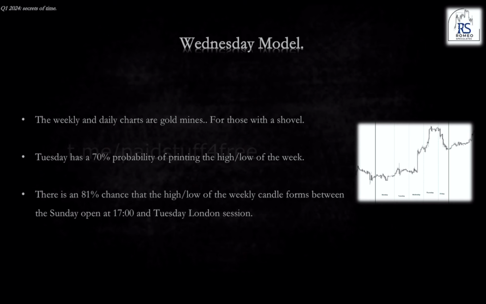This is a concept discussed by many great minds in the realm of technical analysis. One of them, most notably, is William Gann. And of course, not a surprise, but also ICT mentions this in his teachings, which is true. Tuesday has a high chance to print the high of the week.